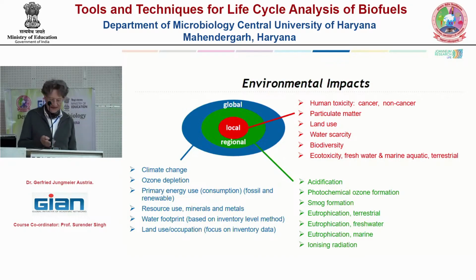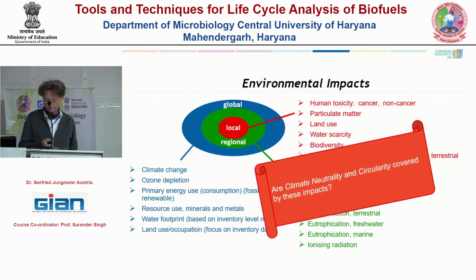And what is not yet covered from these categories, this is part of my current research work, is that there is no indicator that somehow measures climate neutrality. They measure global climate change, but none is really addressing the climate neutrality potential or the circularity potential. So how much of the mass is really kept in the cycle?